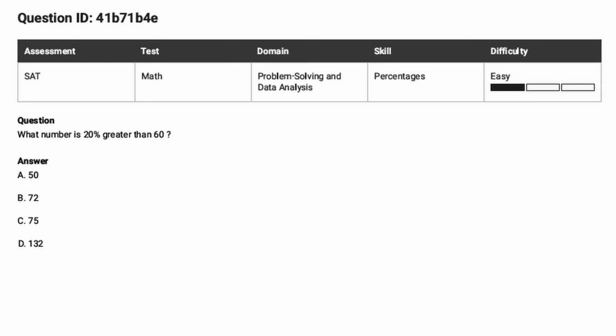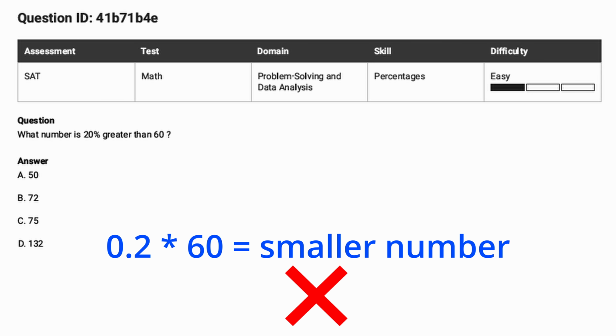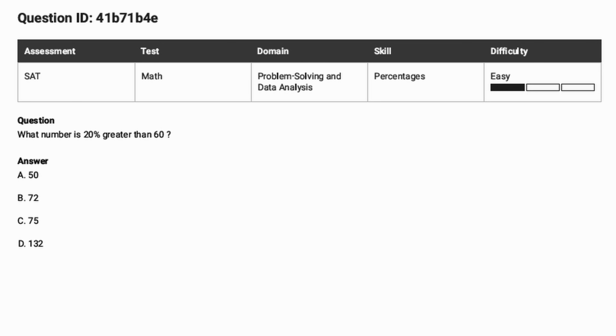So this is 20% greater than 60. If I do 0.2 times 60, I'm going to get a smaller number. We're trying to look at a bigger number than 60. And so you have to say 120% of 60, which is the same thing.